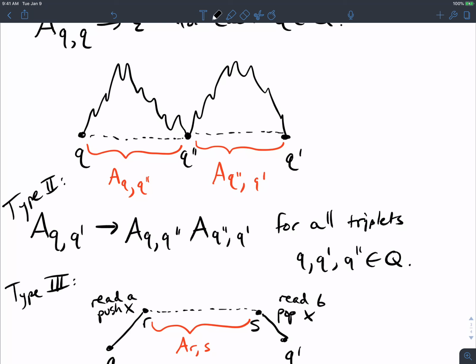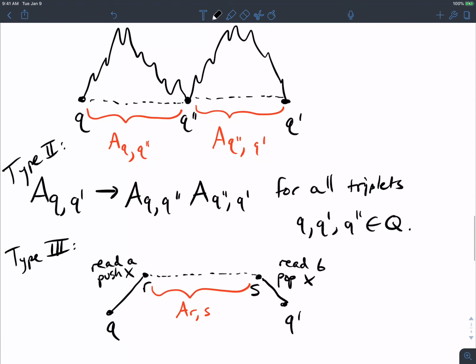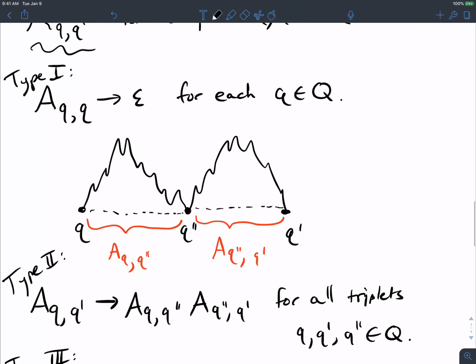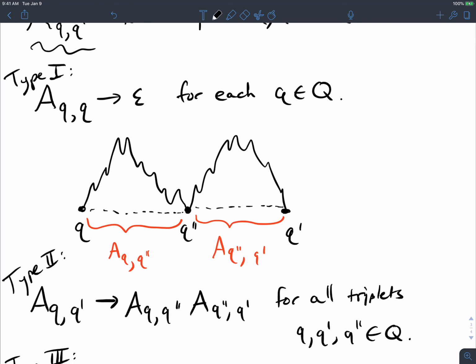If we have 2, then we can just forward the work onto each one of them and concatenate the result. If we have a single one to deal with, we have a matching push and pop, but then that's a type 3 rule, and then we can just inductively work our way up until we reach the peak at some point, but then that is settled by the type 1 rule. So in fact, this gets us exactly what we want.